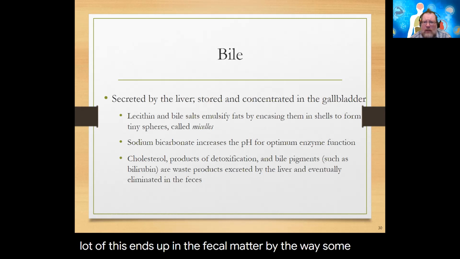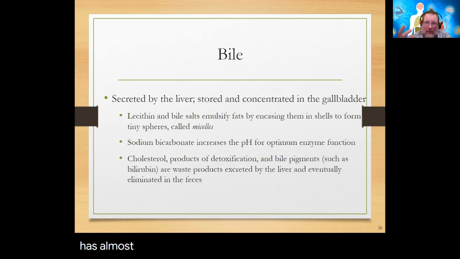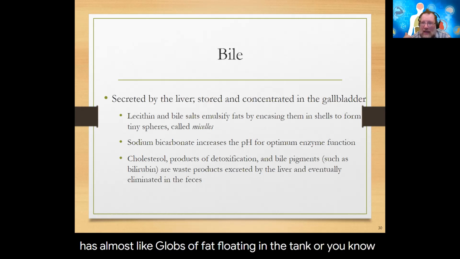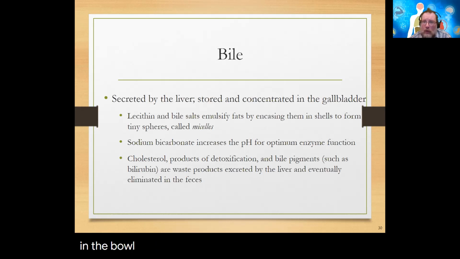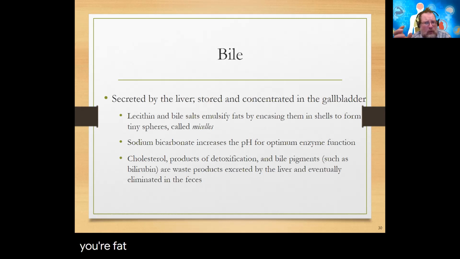Some folks have what's called a fatty stool. So they poop and the stool has almost like globs of fat floating in the bowl where you poop. Hopefully you're not pooping in the tank. Upper decker, right? You want a regular decker, but fatty stool means we may have a problem with bile.